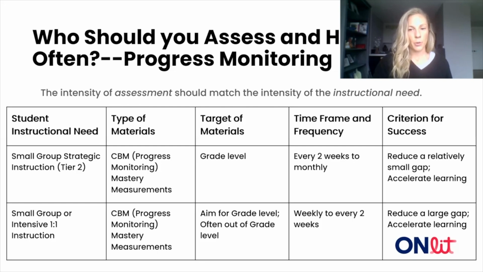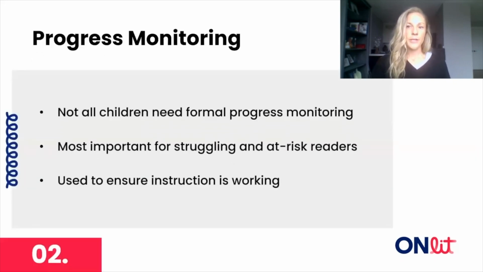Progress monitoring should be done weekly to every 2 weeks to ensure the intensity of support is conducive to accelerated reading growth. Progress monitoring would be done to monitor the development for students receiving Tier 2 and Tier 3 support. These are not assessing mastery of specific skills or completion of a level or module if you are using a program.